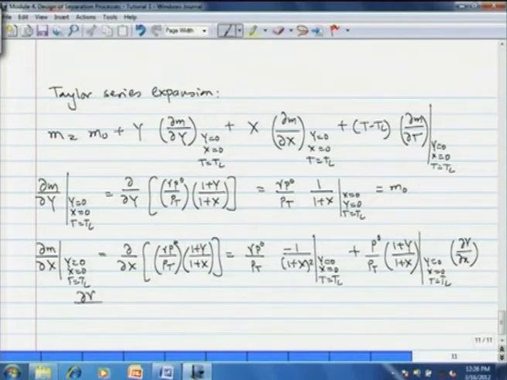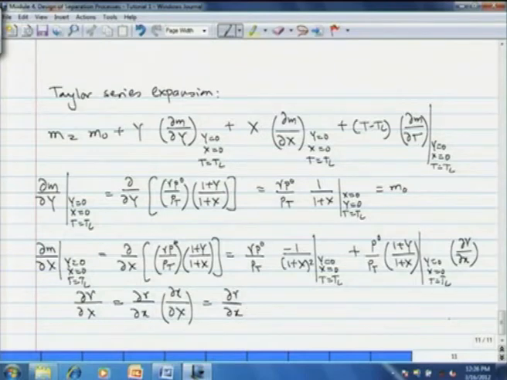Now dou gamma by dou capital X can be written using chain rule as dou gamma by dou small x into dou small x by dou capital X, and then this is essentially equal to 1, the second thing. So dou gamma by dou small x.